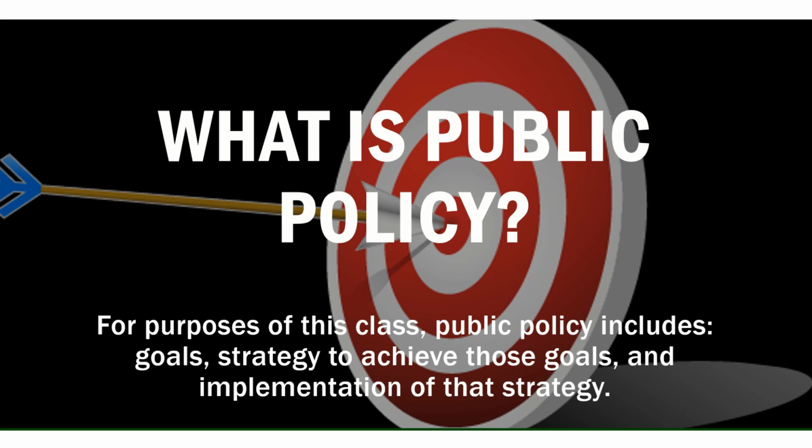And then if you look at the implementation of that strategy, that would be, for purposes of our class, the executive branch carrying out the strategy, right? So the legislative branch will set the goals and devise the strategy, with the expectation that the executive branch is going to implement that strategy. After all, the executive branch, they are the hands and feet of government.